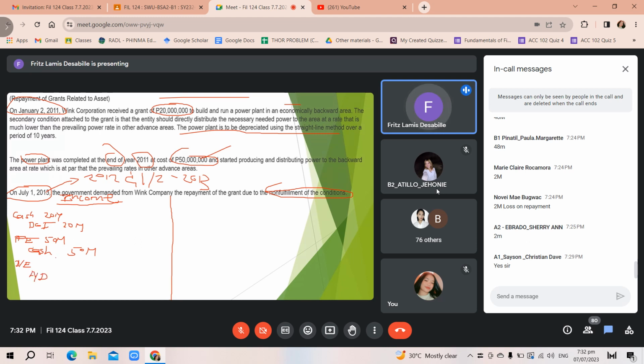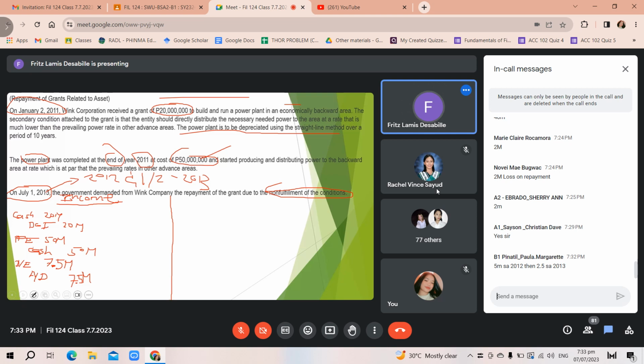I'll just make it one entry, making it 7.5 million. Technically this is a wrong entry, but I'll just total the entry. Did you get the 7.5 million, guys? Correct. Paula Margaret is right. 5 million in 2012, then 2.5 million in 2013. So I just totaled it as 7.5.